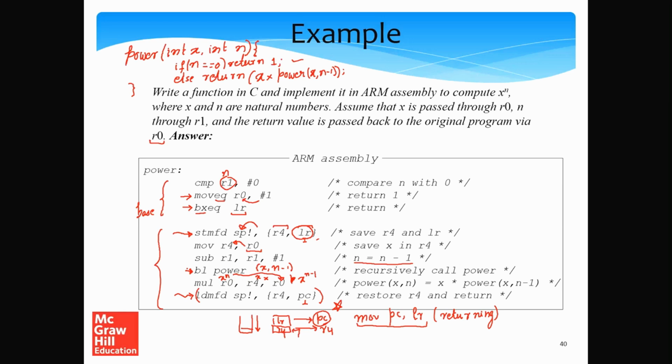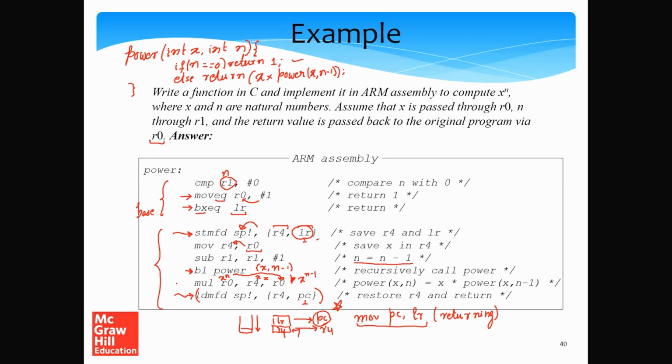Had we done a caller saved kind of approach, that would have also been fine. In a caller saved approach, we see what are the registers that the caller would actually require, and we save those registers. The registers are essentially R0 and LR that the caller will require. So we should have saved them and then again restored them after the power function. In a callee saved approach, the idea is slightly different.